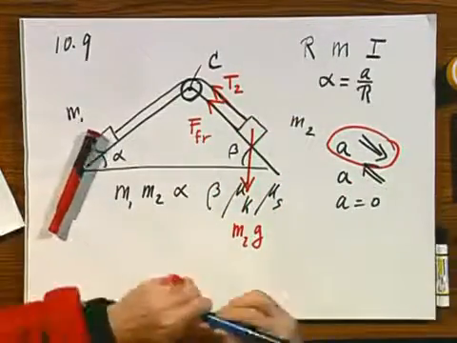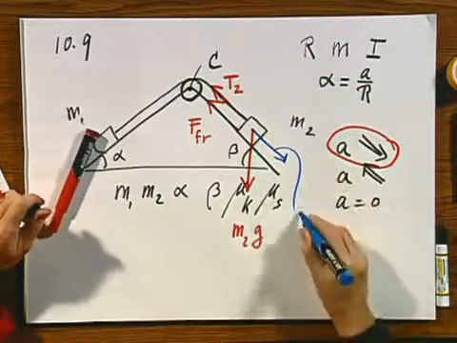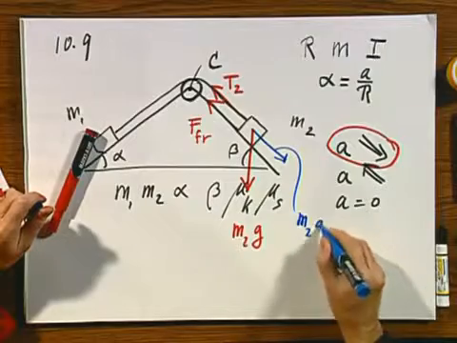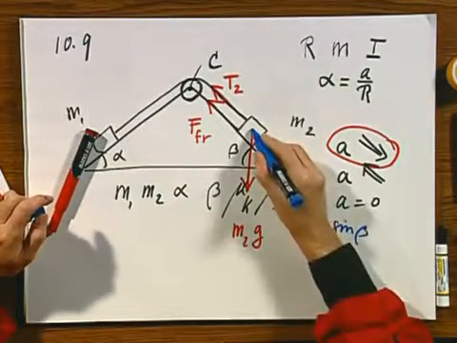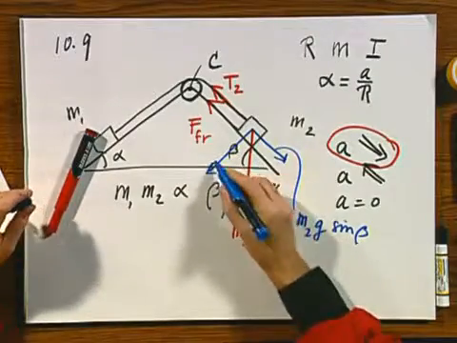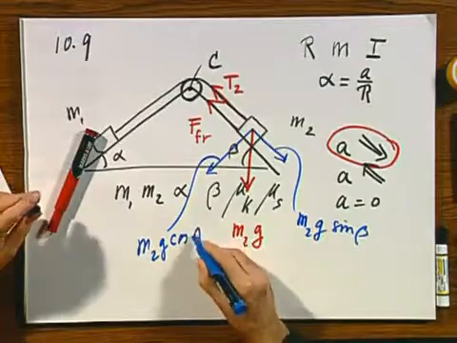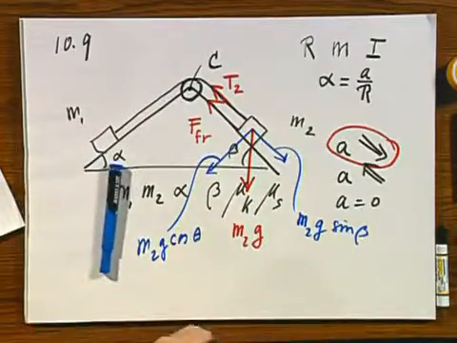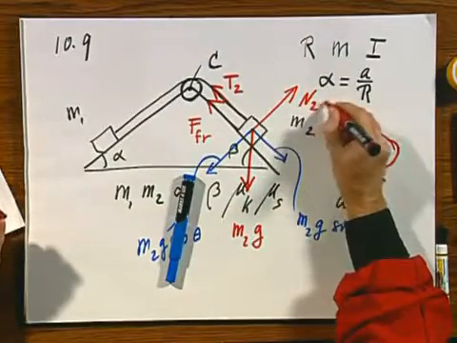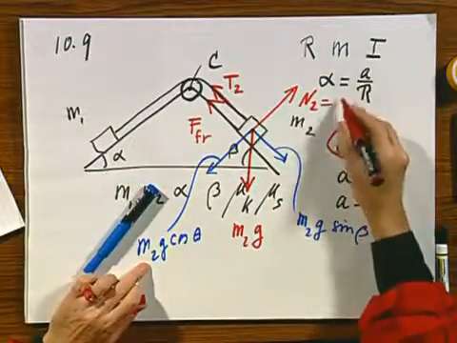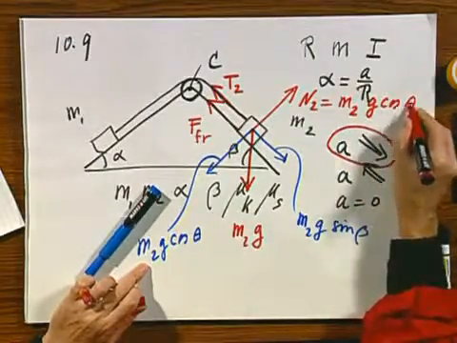I can decompose the force of gravity in this direction, which is m2g sine beta, and I can decompose it in this direction, which is m2g cosine beta. So the normal force N2 equals exactly in magnitude the same, equals m2g cosine beta.